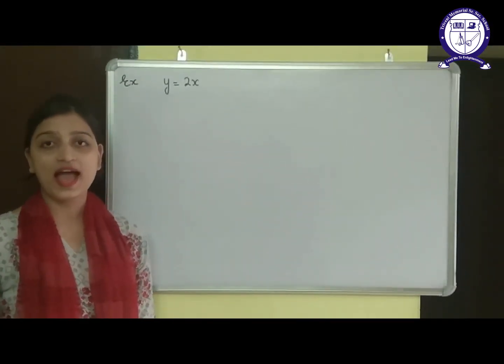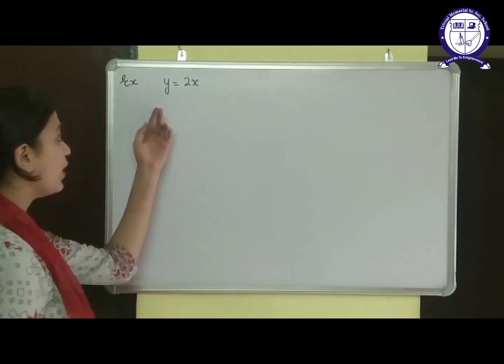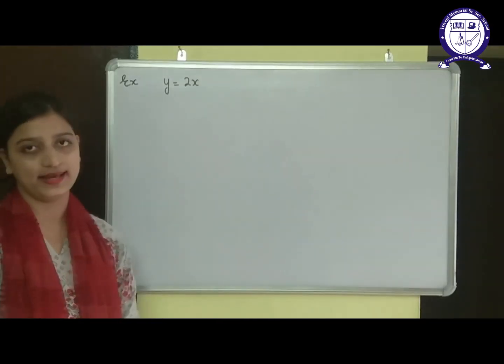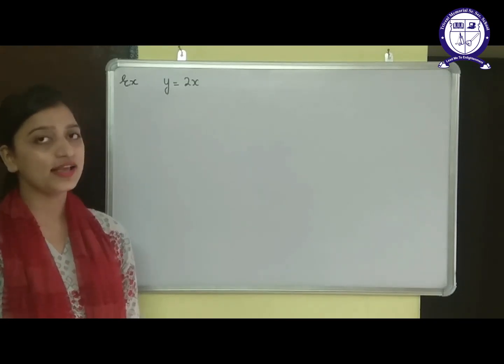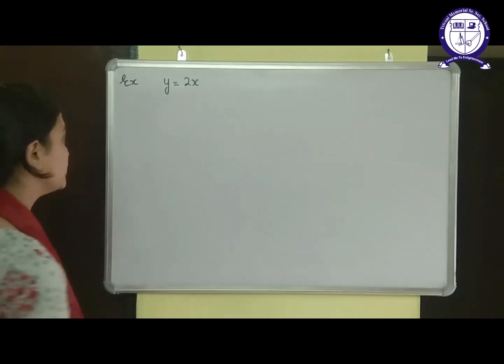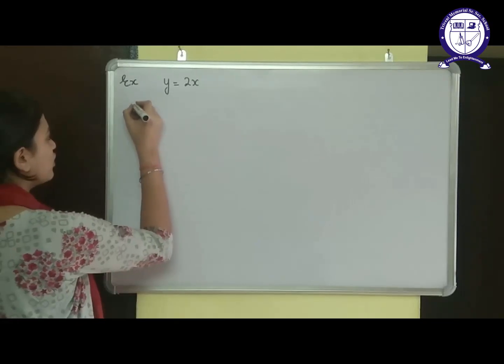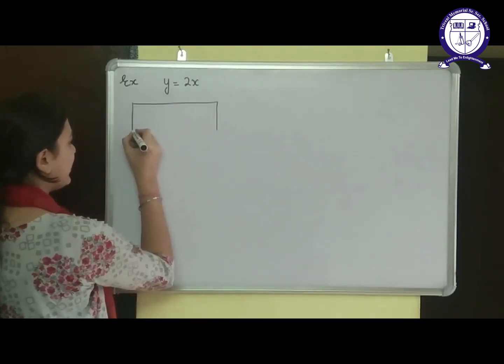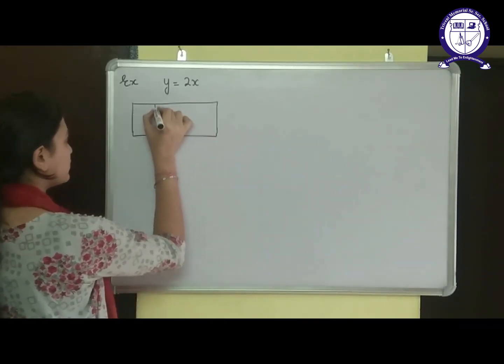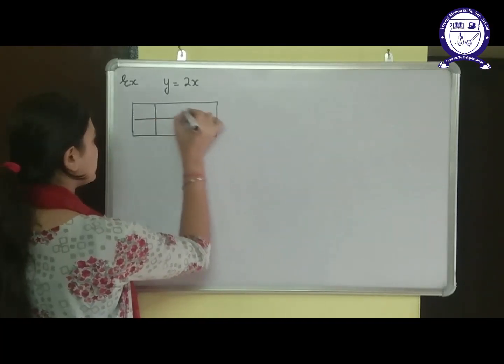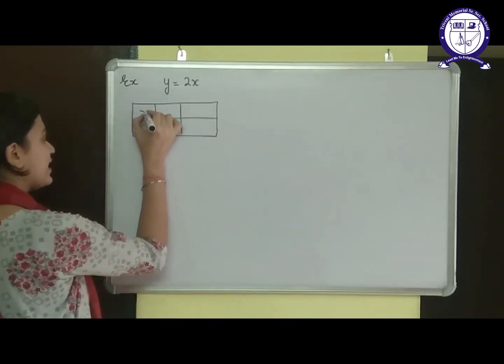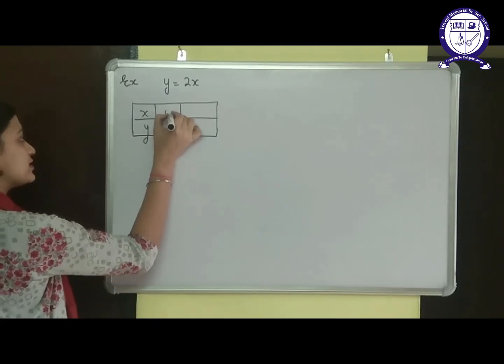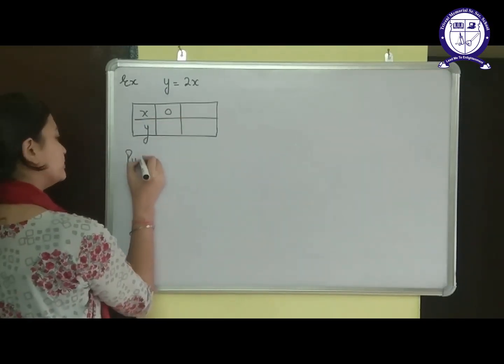Now suppose I have a question like this. y equals to 2x. Now again, the first step is to find the solutions. So I will make the table, x, y, and put x equals to 0.